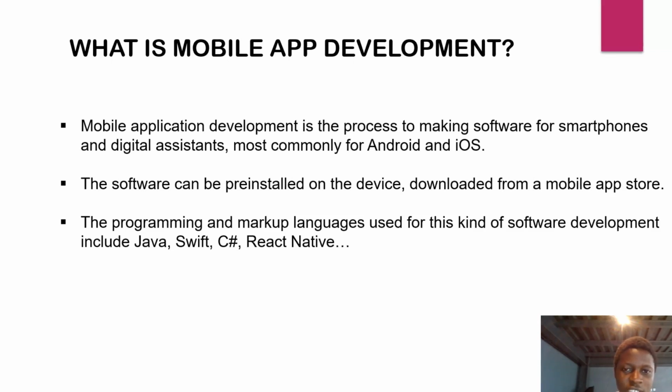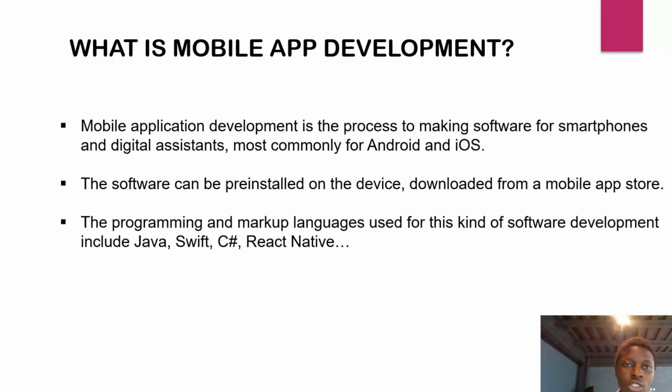Now I'll give you some examples of operating systems in computers, like your desktop computer. But in mobile phones, we have two common or basic operating systems. The first one is the Android operating system, and the second one is the iOS operating system. For iOS, one of the devices that make use of it is Apple devices.